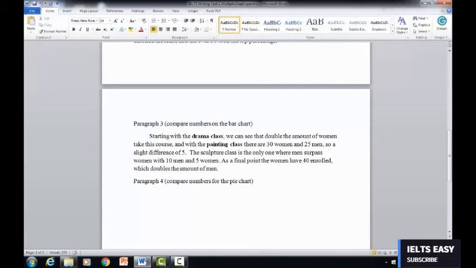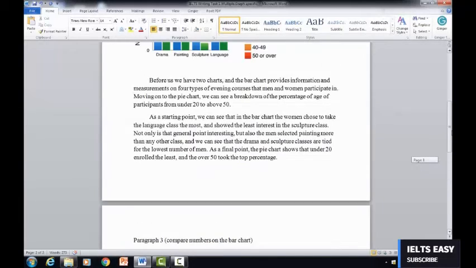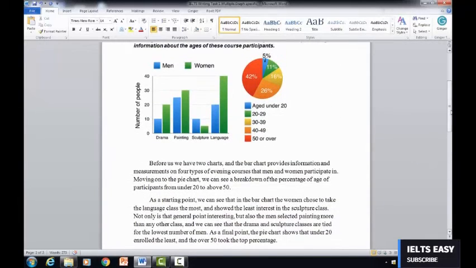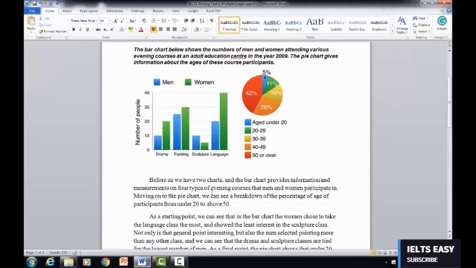And there you have it. There's our paragraph, right? The sculpture class is the only one where men surpass women, with 10 men and 5 women. You see it right there. Look at the sculpture class. In the sculpture class, we have 10 men and 5 women.